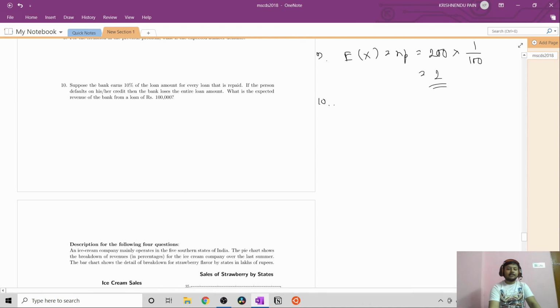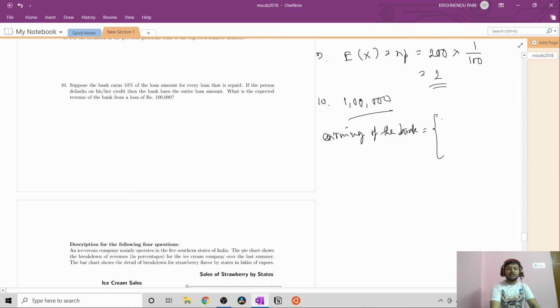Question number 10. The bank earns 10% of the loan amount for every loan that is repaid. If the person defaults on his credit, then the bank loses the entire loan amount. What is the expected revenue of the bank from a loan of 1 lakh? So for the loan of 1 lakh rupees, the bank earns 10% of the loan amount if it is repaid.